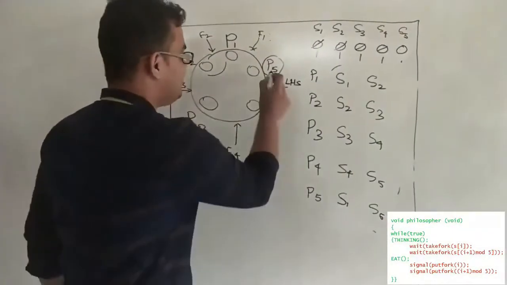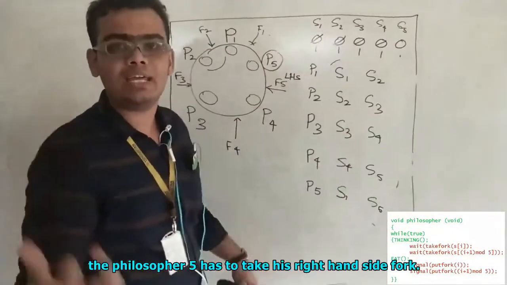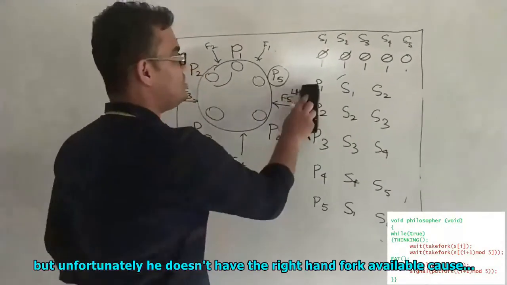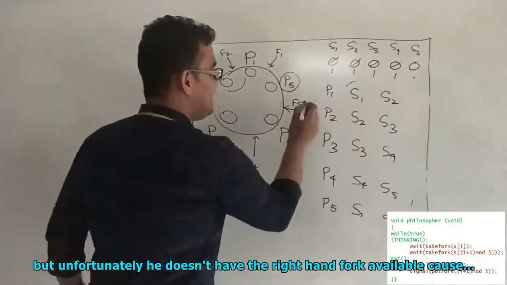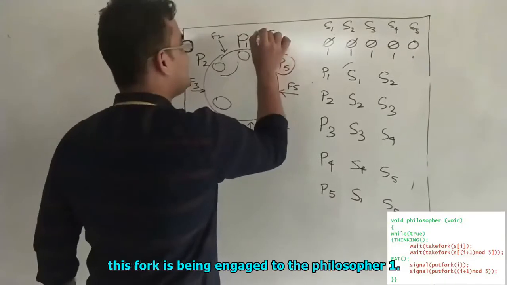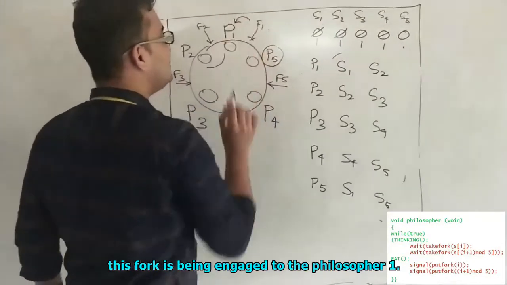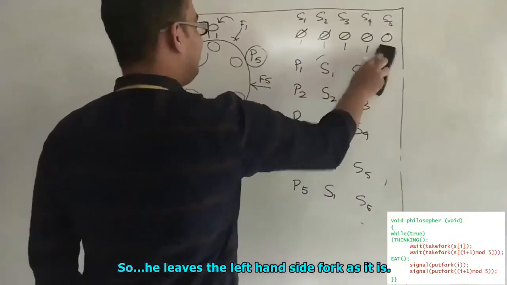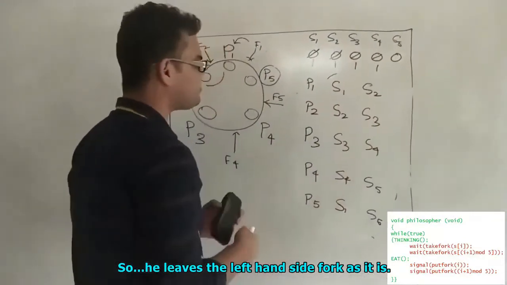Now, obviously, philosopher 5 has to take his right hand side fork first, but unfortunately he doesn't have the right hand fork available because this fork is engaged by philosopher 1. So he leaves the left hand side fork as it is.